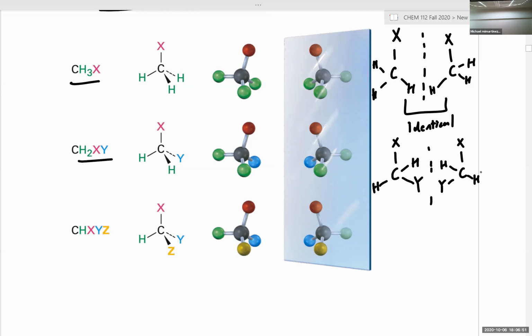I've made a model of both of these structures, and I'd like to hear your perspective now.